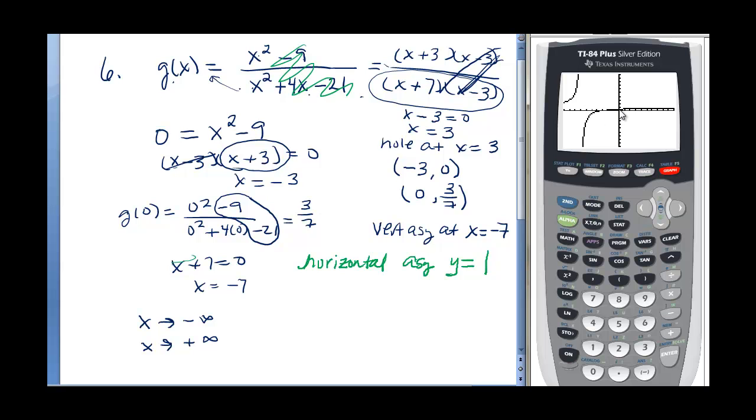It also looks like it crosses the y-axis somewhere between 0 and 1. And if I wanted to go into second calc, I could find those values as well.